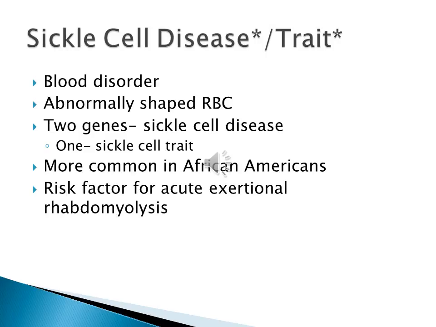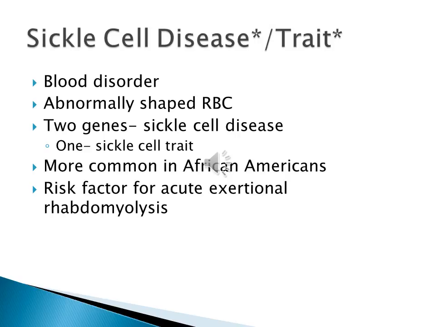Sickle cell disease and sickle cell trait are two different conditions, both of which involve the formation of abnormally shaped red blood cells. The red blood cells don't have the normal round shape they normally have, but take on a sickle shape. Someone will have sickle cell disease if they have two genes for sickle cell.